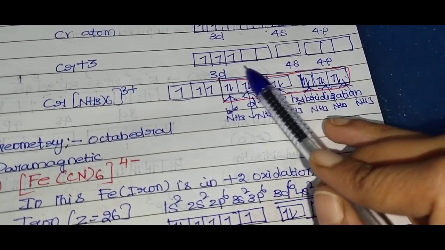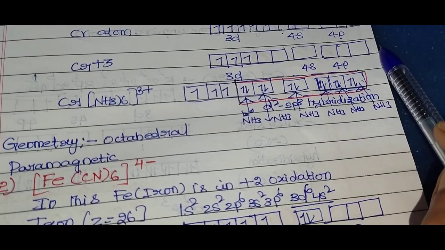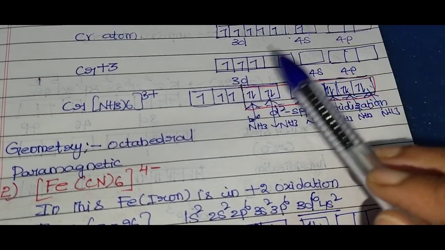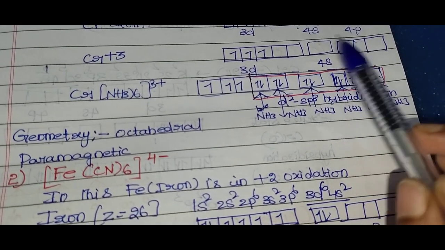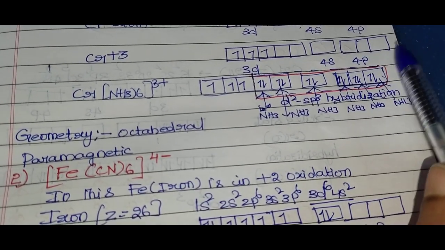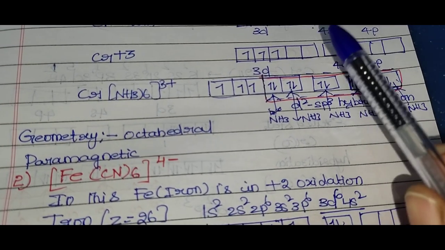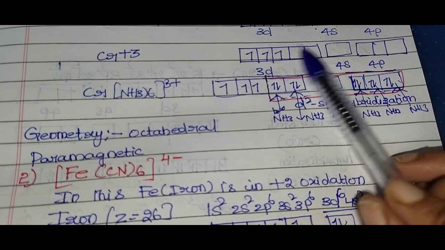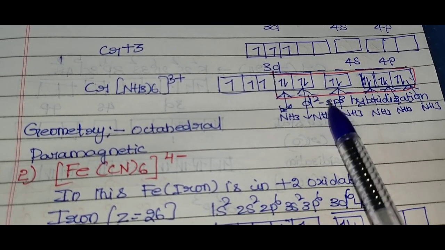So the d orbital is inside. When it is after 4p, then it is outside. So this is an inner orbital complex. As you understood, if we use 4d, after 4p, then it will be an outer orbital complex, but we are using the inside 3d. That is why it is an inner orbital complex.